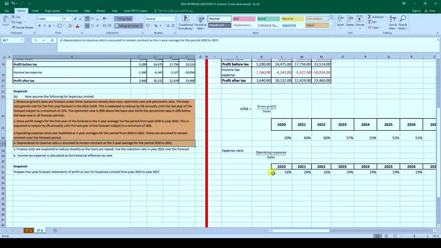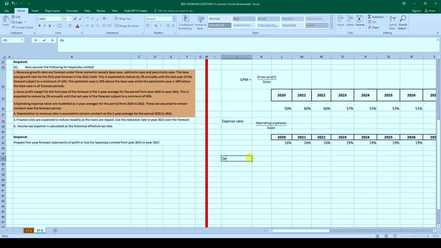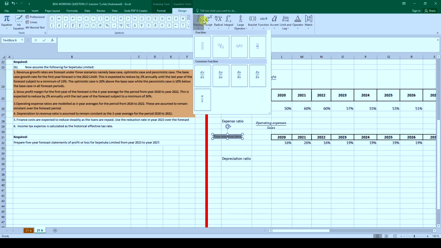We do the same. Depreciation ratio. So we just come over here to insert the equation. There, it's a fraction.